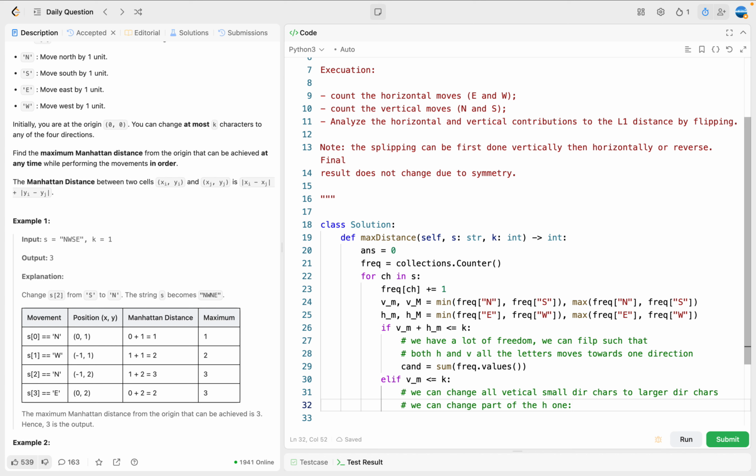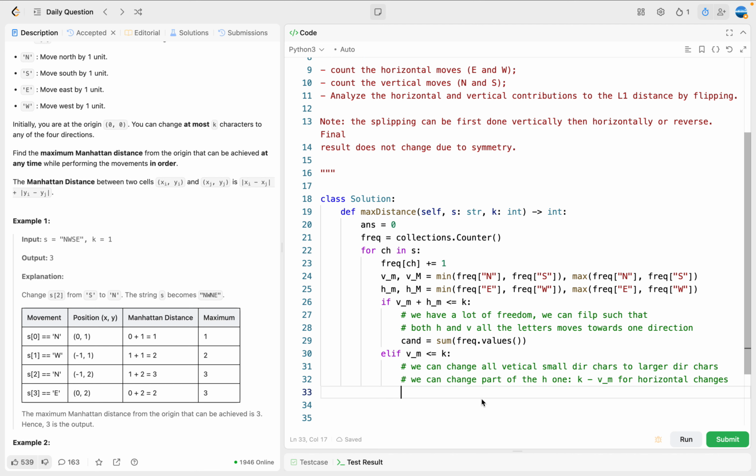How many do we have? We can use VM among the k to change all the vertical ones, and then there are k minus VM for horizontal changes, right? So now let's look at the counts.